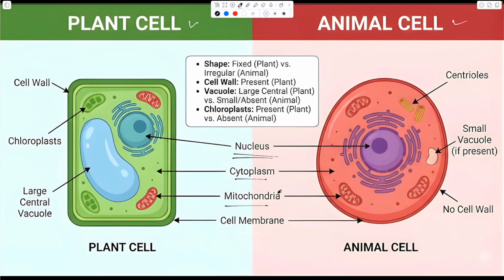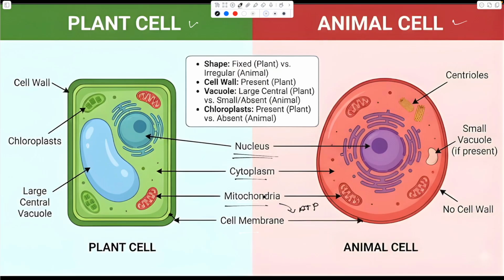We produce energy, then we store it in a battery. Cells have these small batteries known as ATP. We'll learn more about this. Then we have the cell membrane. For bacteria, this structure should be over here. This is the cell membrane, and this is the cell membrane.